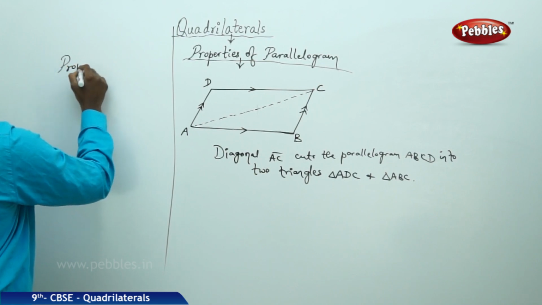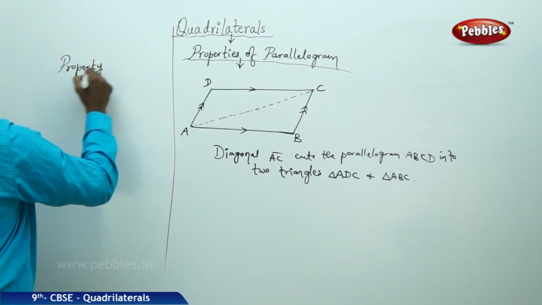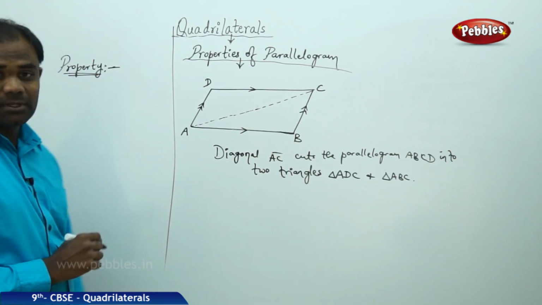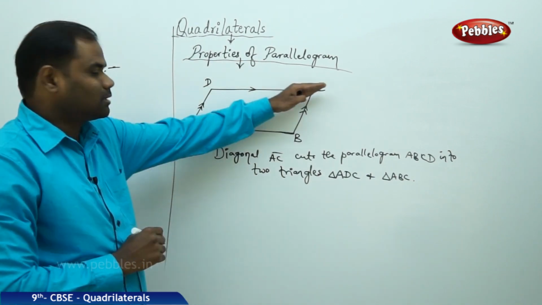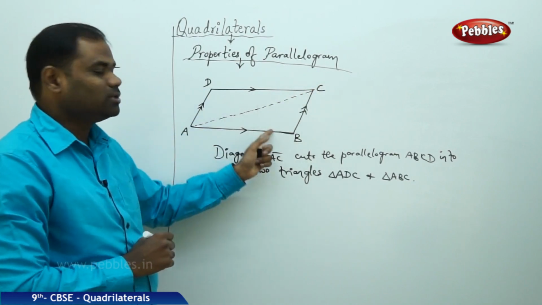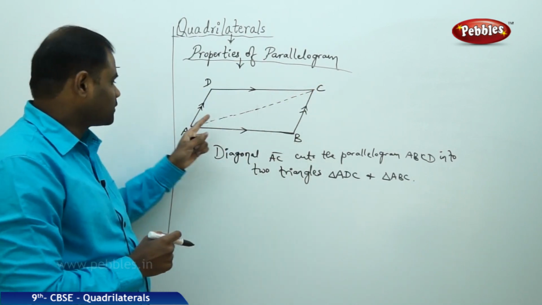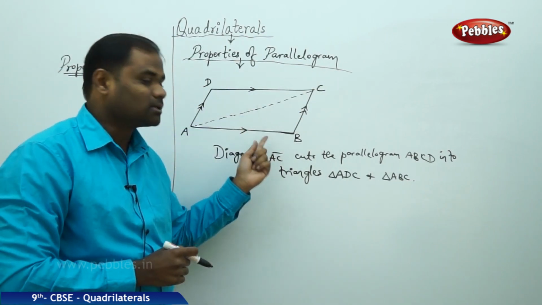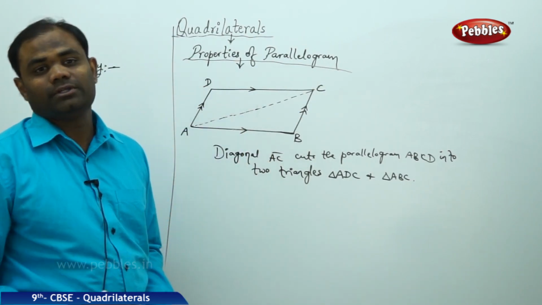So here the property states that a diagonal cuts the parallelogram into two equal triangles. If the diagonal cuts the parallelogram, then the two triangles formed are said to be congruent to each other.